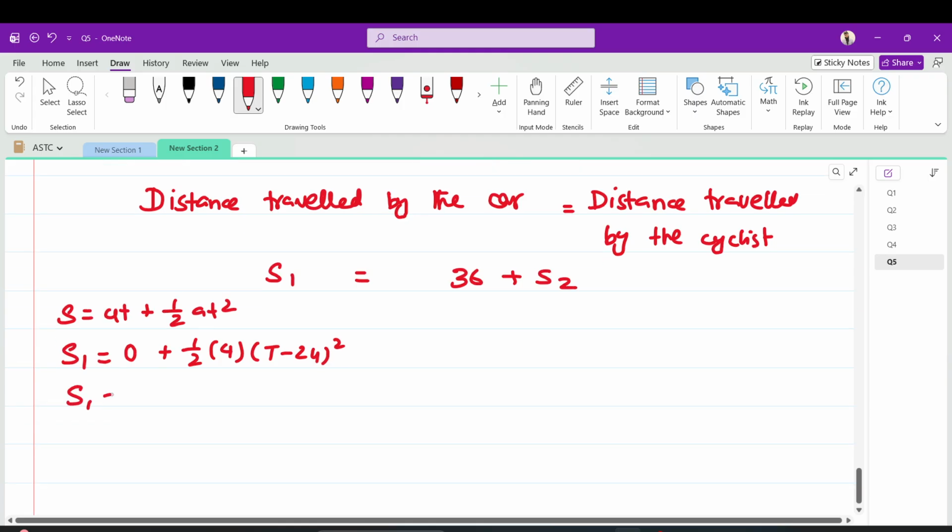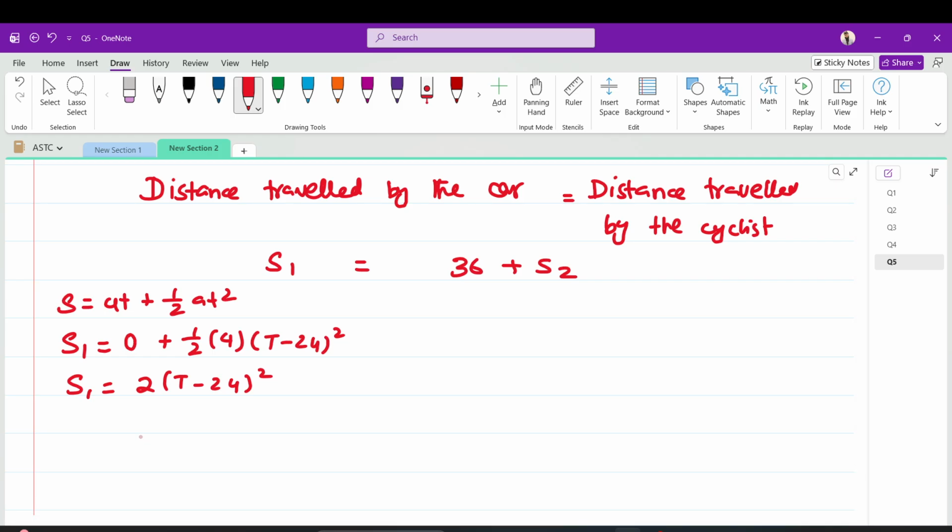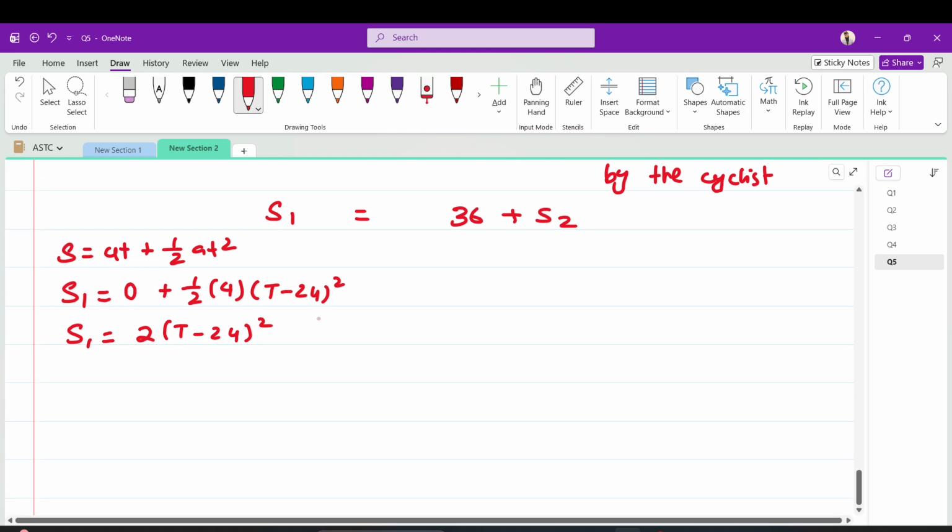So this becomes S1 equals 2 times (t minus 24) whole squared. Okay, let's just keep it like this for now.